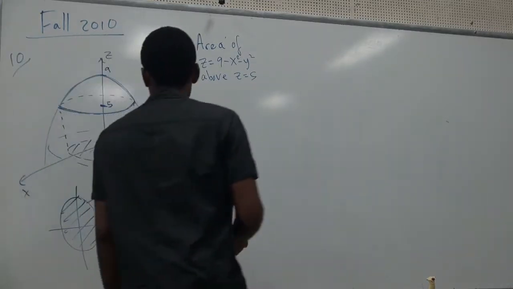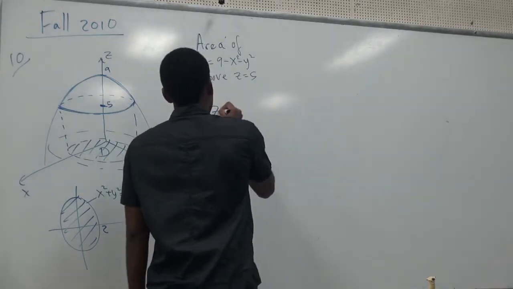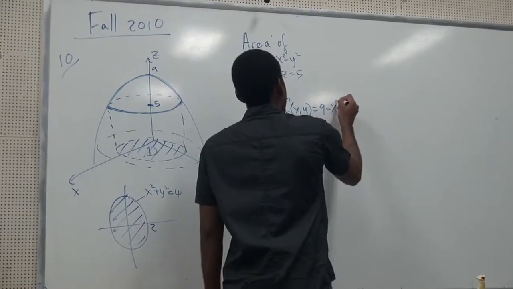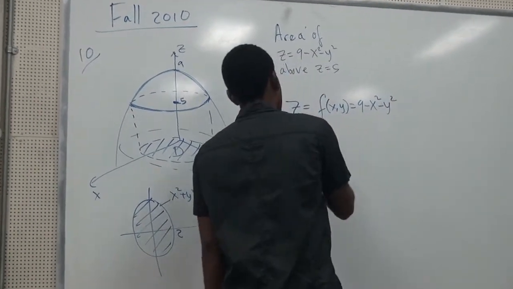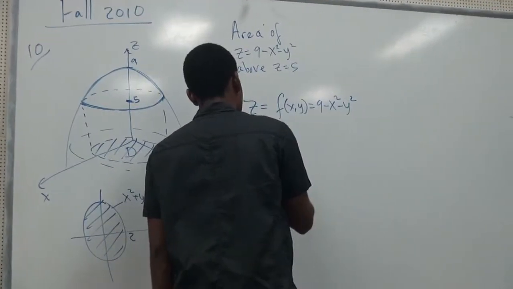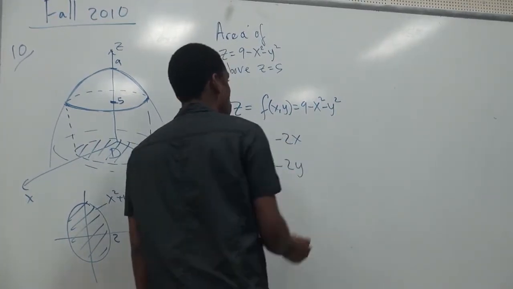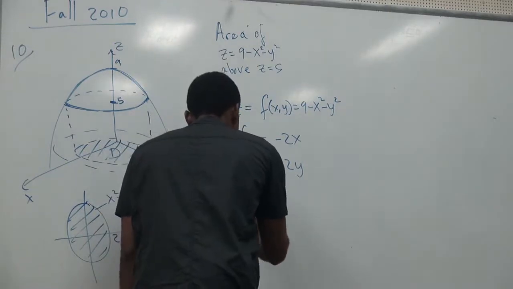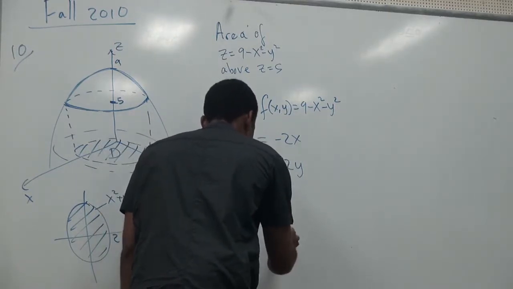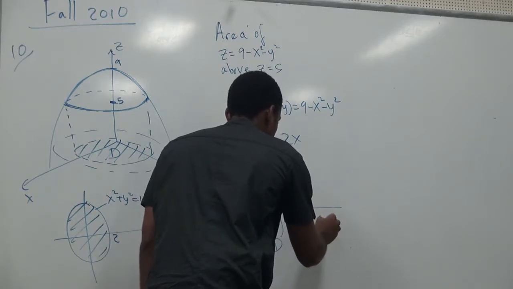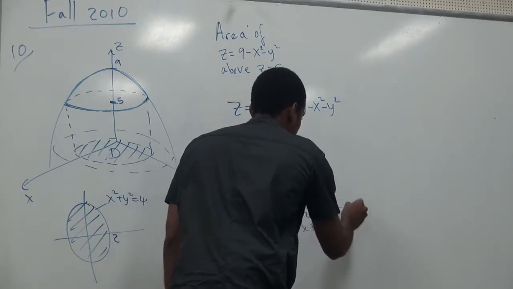So now, I know z, take that to be my f of x, y, which is 9 minus x squared minus y squared. I'm going to need the partials. Partial with respect to x is minus 2x, with respect to y is minus 2y. And so I know that the area is the double integral over D of the radical of f_x squared plus f_y squared plus 1 dA.